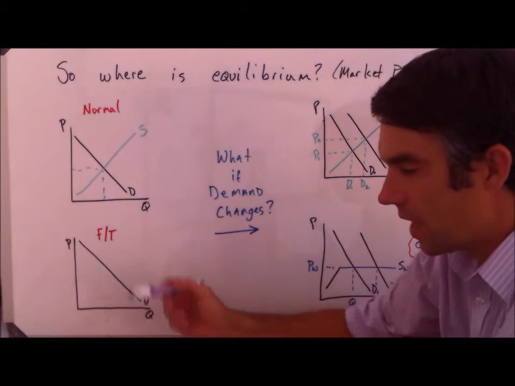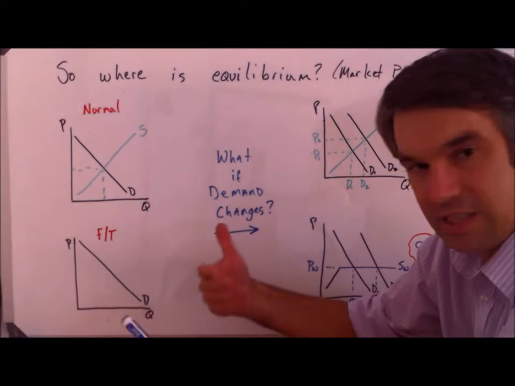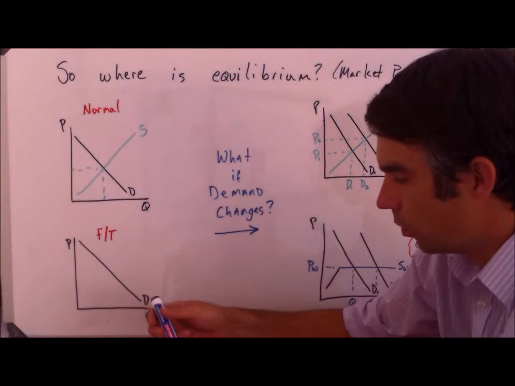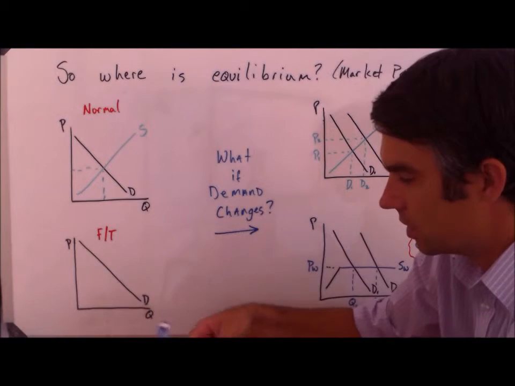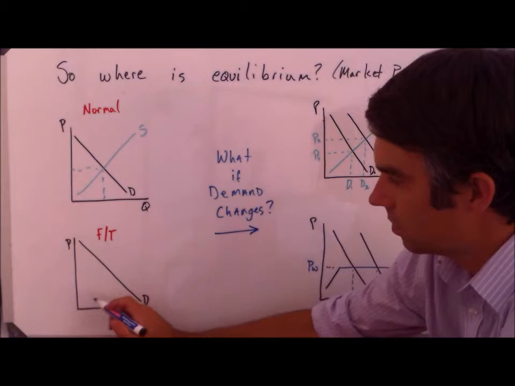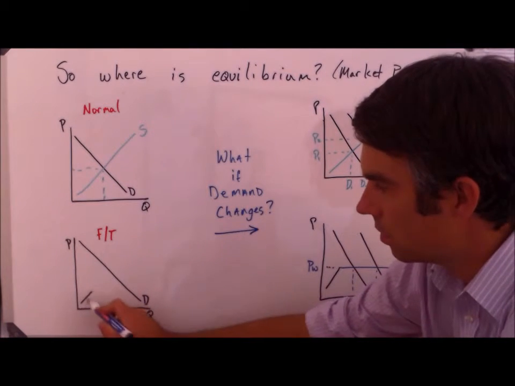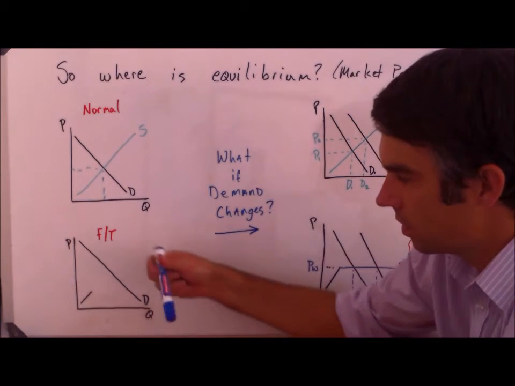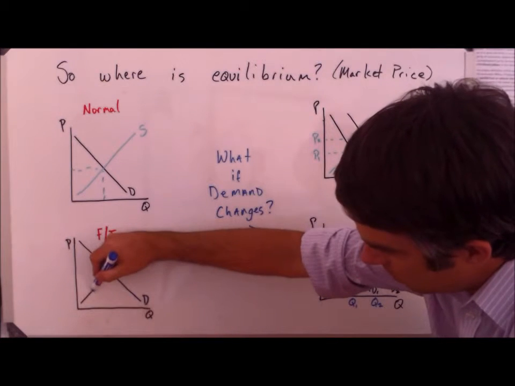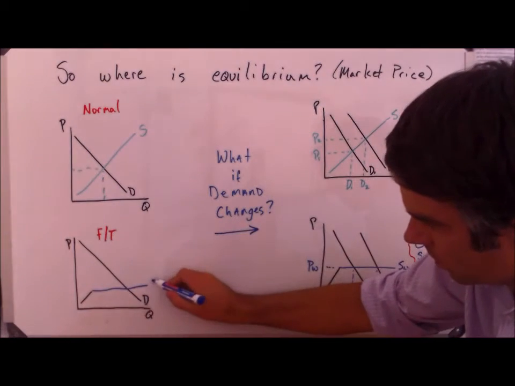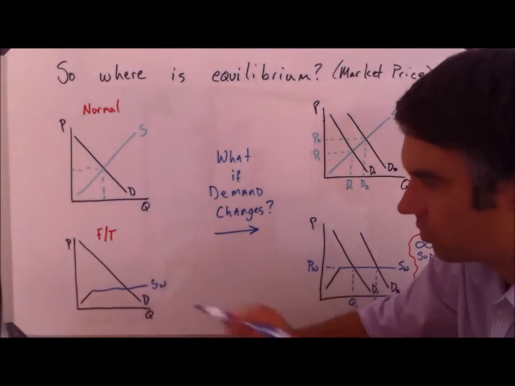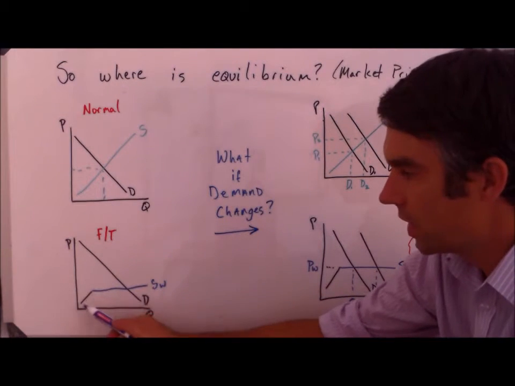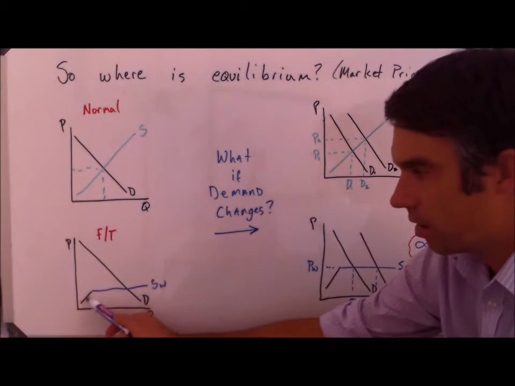If it's the free trade diagram, though, we get this different sort of supply curve. We get this first segment, which is from the domestic suppliers, and then we get this second segment, which is from the world suppliers. So we get this kind of kinked supply curve.